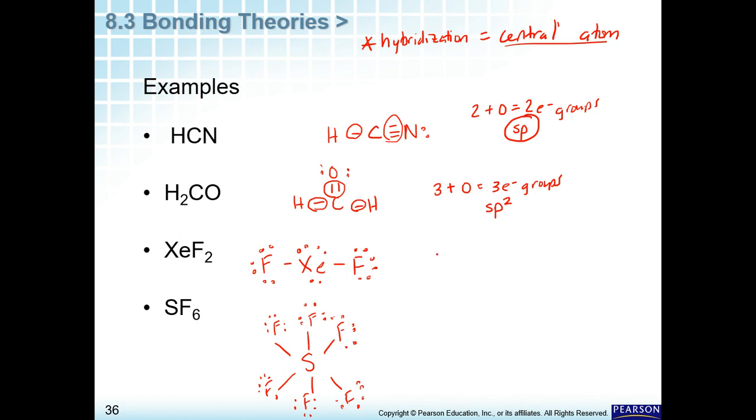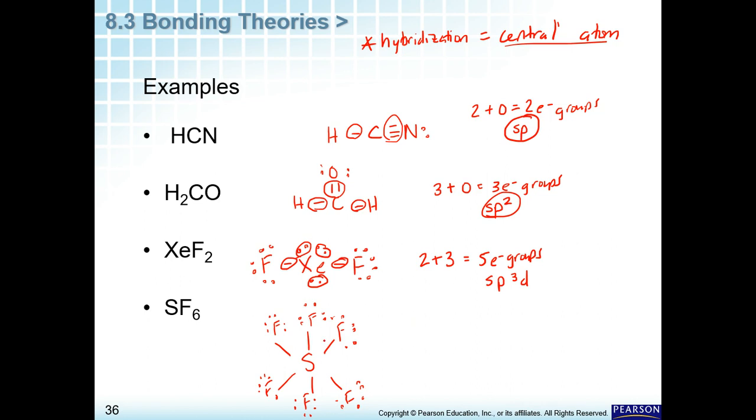So 1 plus 2. On the next one, if we're looking at the central atom, I have 2 bonding, plus 1, 2, 3 lone pairs, which gives me 5 electron groups off that central atom. So my hybridization would be sp3d. 1 s plus 3 p's plus 1 d adds up to 5 electron groups.